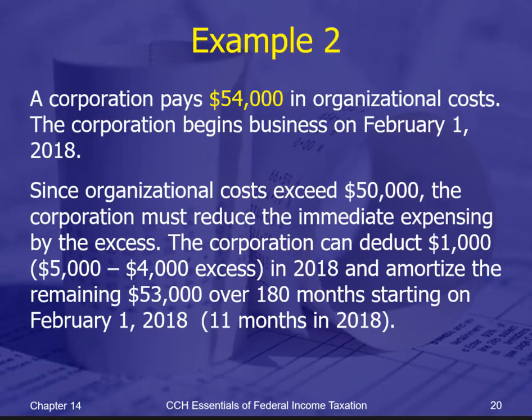Now say $54,000. This time we're over the $50,000, so we can only deduct $1,000, because the amount over 50 reduces how much we can deduct immediately, and then we take the rest, the $53,000, over 180 months. So 11 months in 2018 in this scenario, February through December.